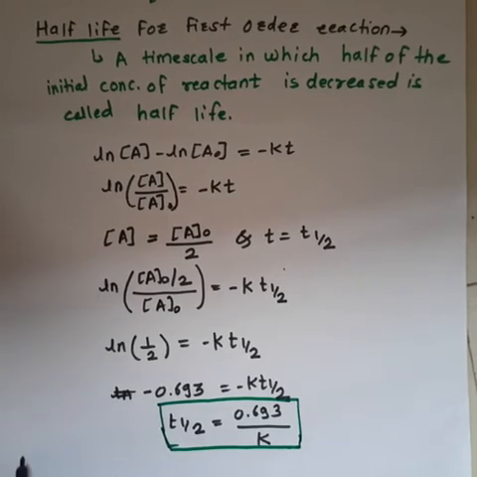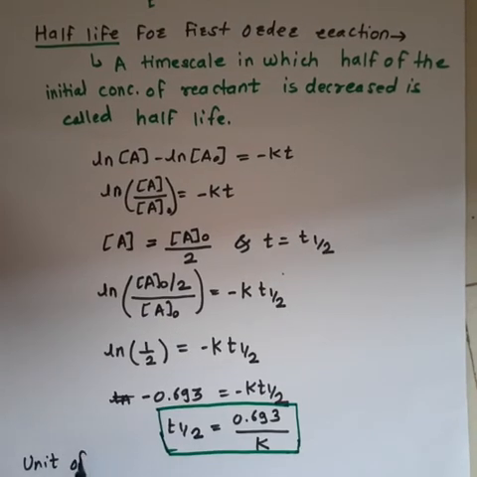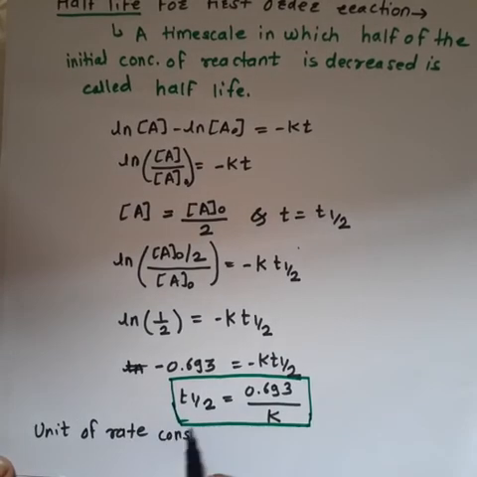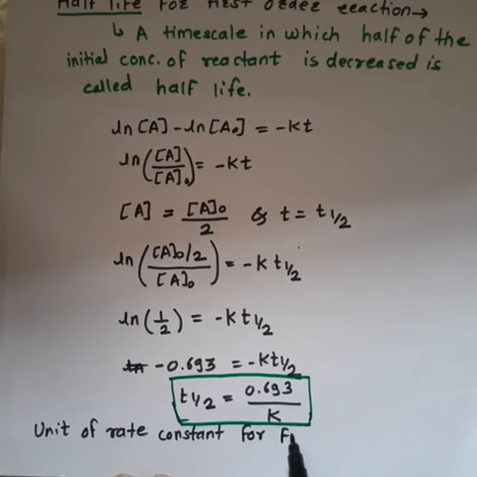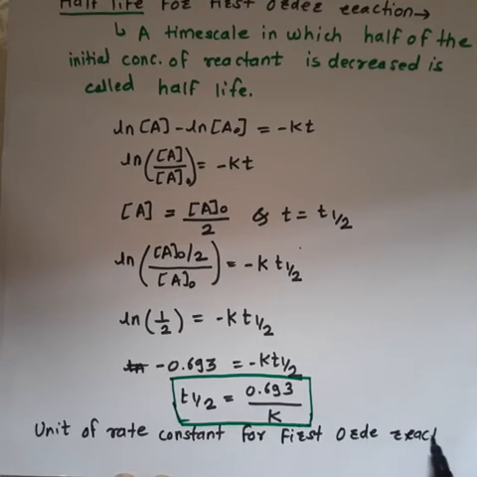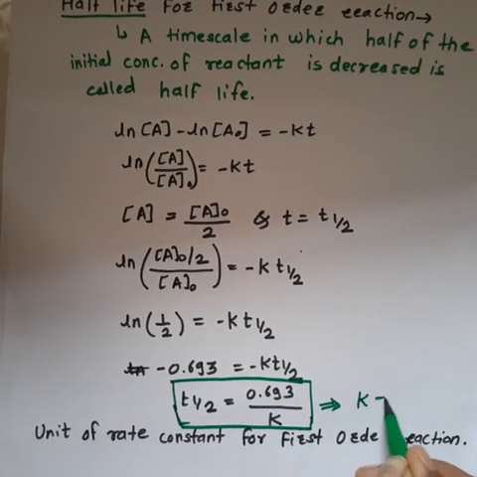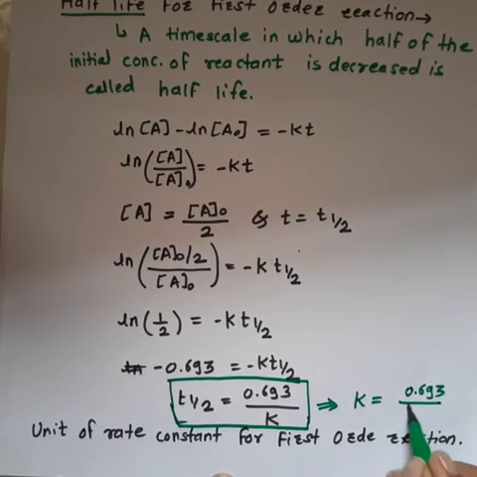So what is the unit of rate constant for first order reaction? Also we can rearrange this equation as k is equal to 0.693 upon t1/2.